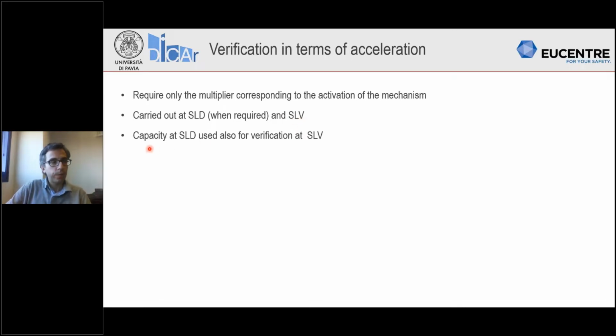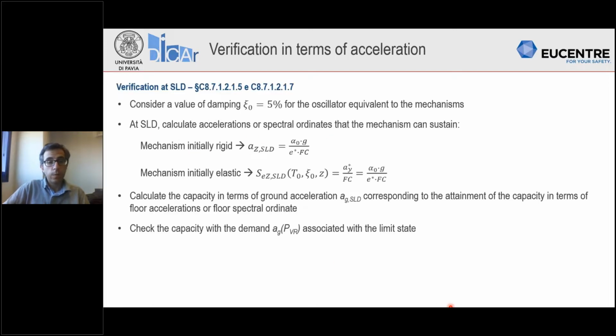However, the capacity at the damage limit state is used also for the verification at the ultimate limit state. So I will present also that one. How to perform the verification at damage limit state.